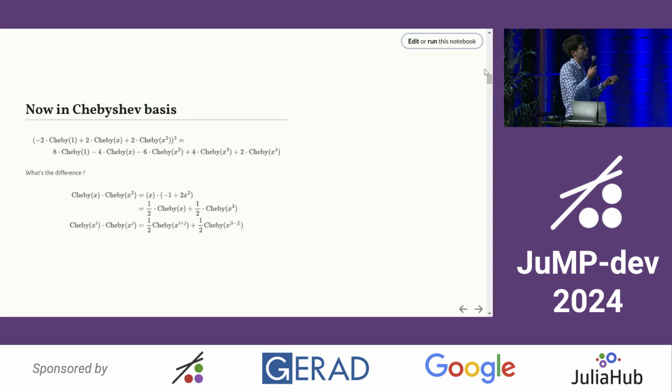The way I like to represent Chebyshev polynomials is also with monomials. So when I write the monomial x squared, I mean the second Chebyshev polynomial in x. And so when you write x squared times y, it means you take the product between the second Chebyshev in x times the first in y.